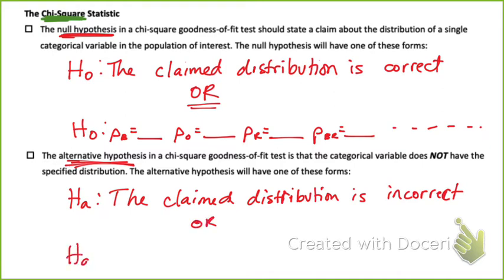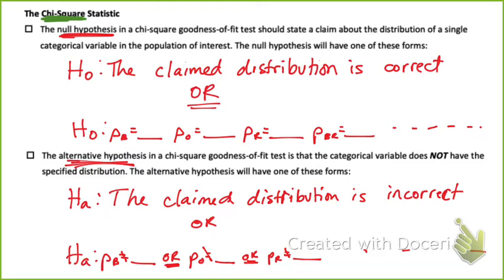You could say your alternative is that P sub B for blue does not equal blank, or, notice there's an or, P sub O for orange does not equal blank, or P sub R does not equal blank, and so on and so forth. What that one is saying is that it doesn't matter which one, but you are thinking that at least one of them is wrong.